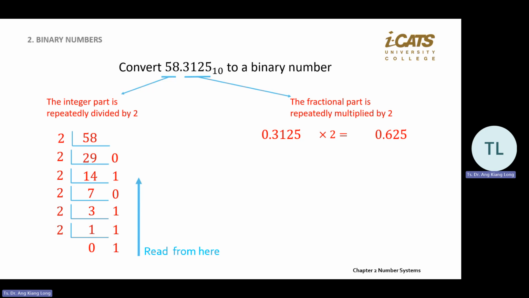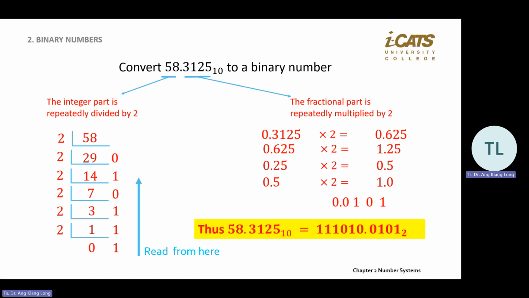Multiply by 2 until you get 1.000. Then remember to join these 2 answers together. So 58.3125 base 10 equals 111010.0101 base 2.